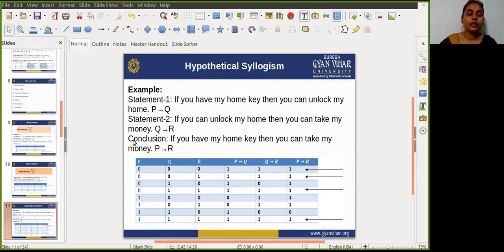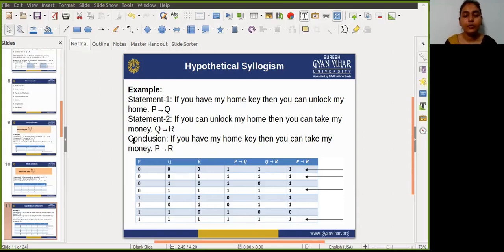This statement shows that Q implies R. So if we reach the conclusion, then if you have my home key, then you can take my money. Only in that case; if you don't have my key, then you cannot take my money, right?